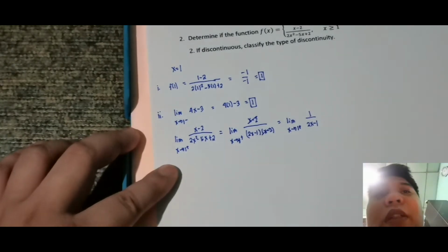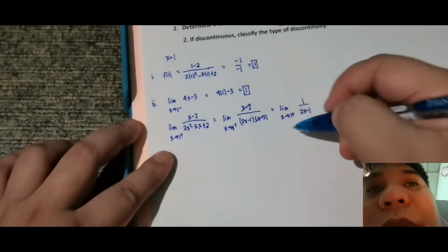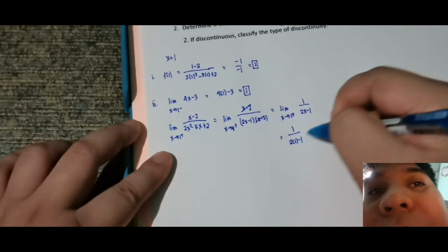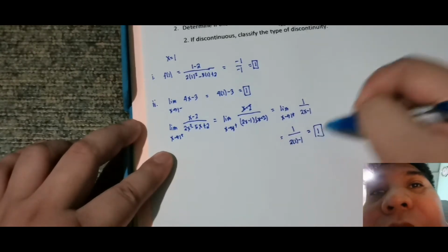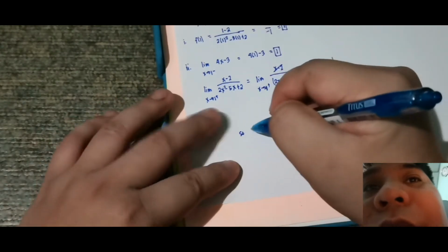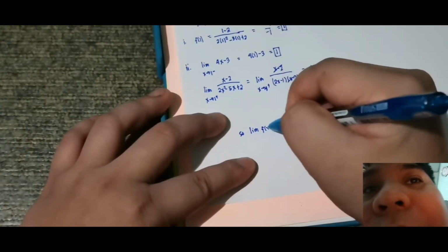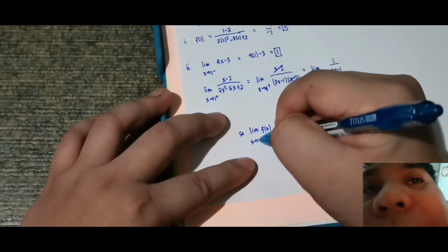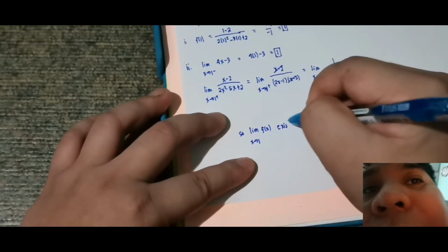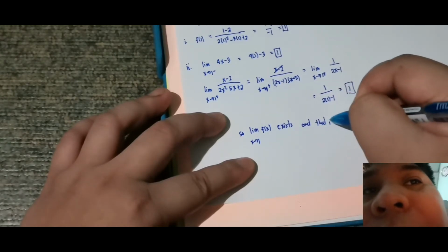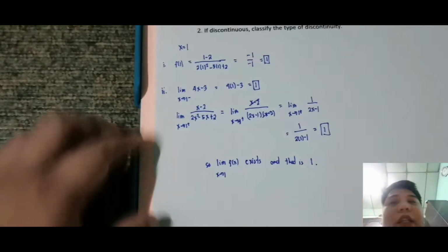Since hindi maapektuhan yung mismong limit, this is equivalent sa 1 over 2 times 1 minus 1 which is equal sa 1. Okay, so yung limit of f of x as x approaches 1 exists, and that is 1, kasi equal yung left and right niya.